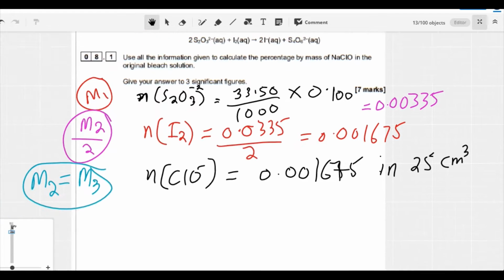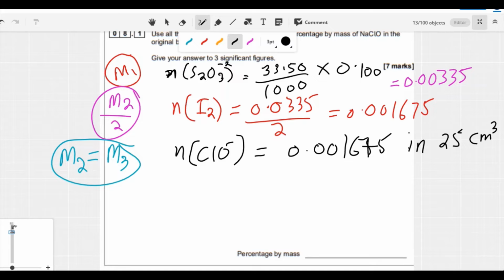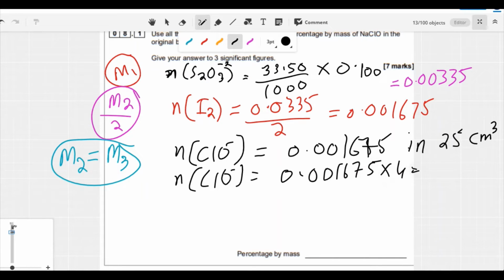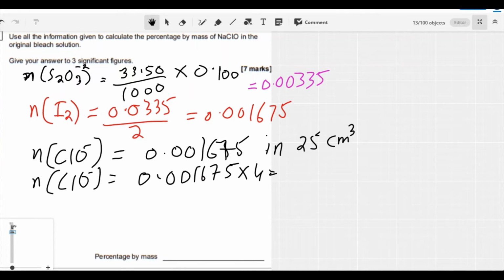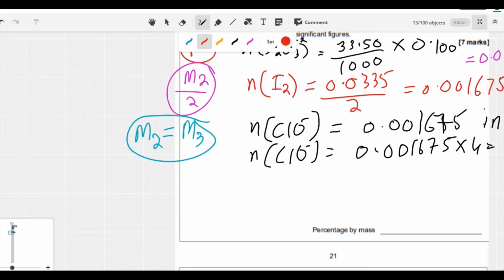Now, how much does the 100 cm³ contain? n of ClO⁻ is equal to, since 25 times 4 equals 100, we multiply it by 4, and the answer will be 0.00670. That is M4, or step 4.